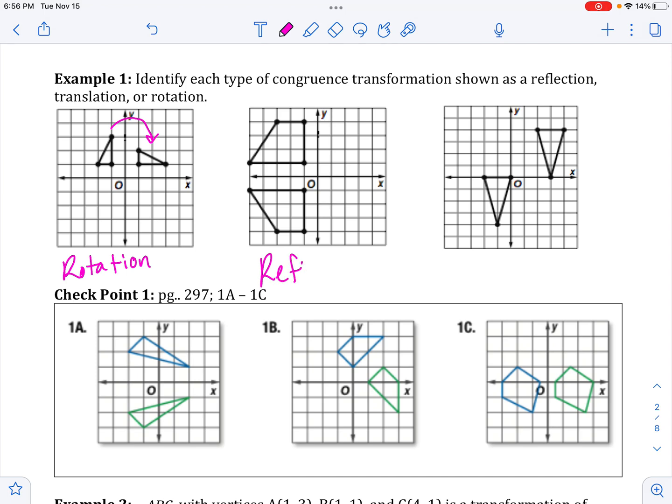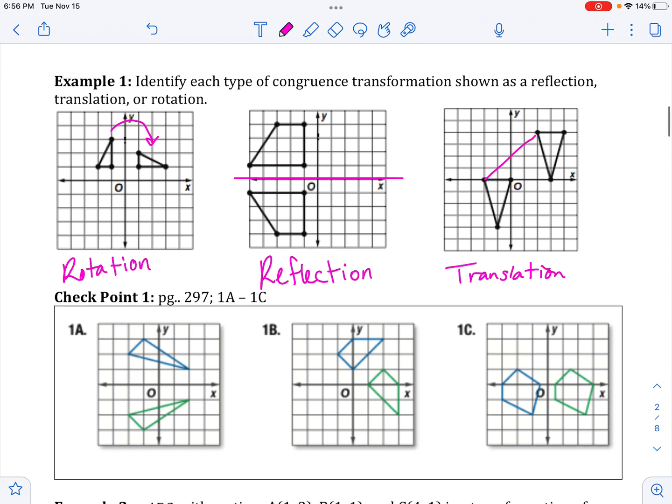It looks like that second one is a reflection. And if I were identifying what kind of reflection that is, it seems like it's a reflection over the x-axis. That looks like a translation because the shape did not turn in any way, it did not flip.